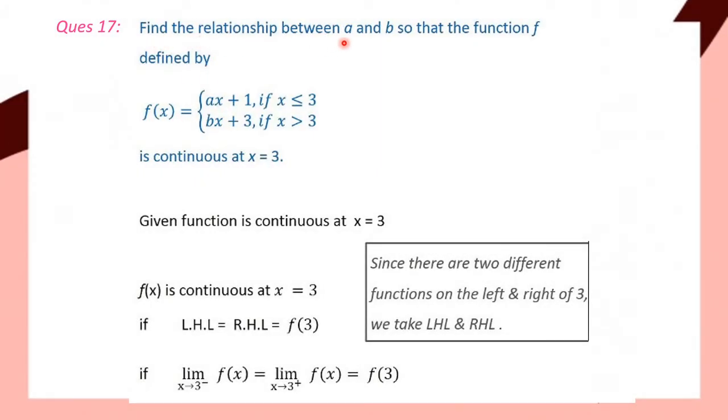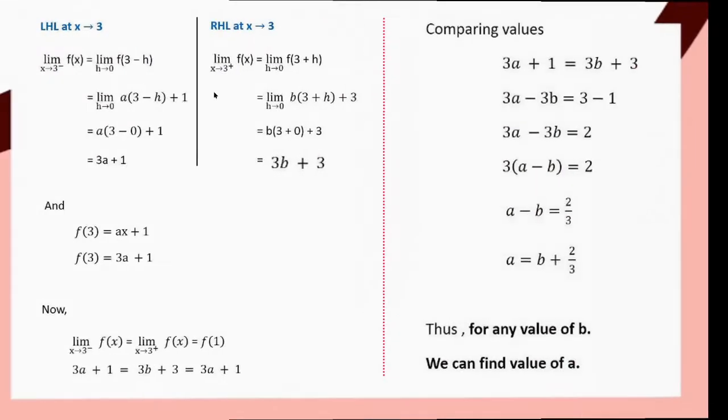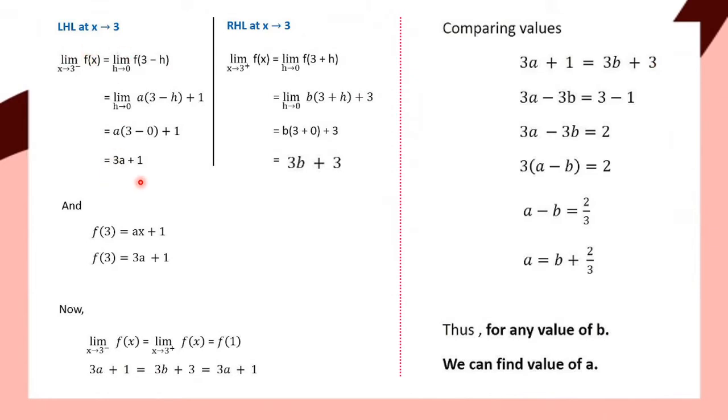Now 17, find the relationship between a and b. The function f defined by this is continuous at x equal to 3. It is given that the function is continuous at x equal to 3. When it is continuous at x equal to 3, definitely the left hand limit, right hand limit, and f(3) should be equal. Let's talk about the left hand limit. It is coming as 3a plus 1. The right hand limit is coming as 3b plus 3.